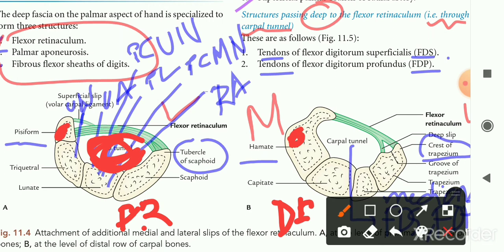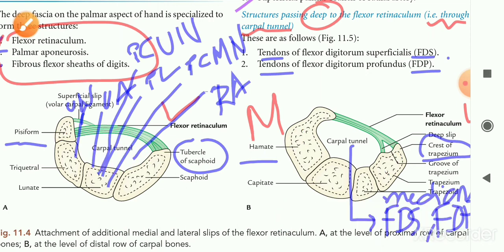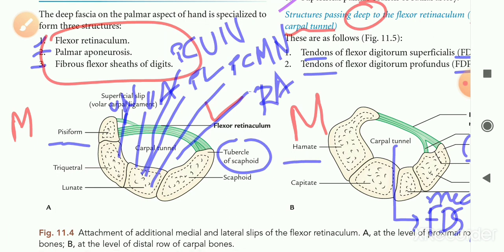So medially, the flexor retinaculum is attached to the pisiform bone and hamate bone, and laterally it is attached to the tubercle of the scaphoid bone and the crest of the trapezium bone. And this greenish structure is the actual flexor retinaculum.